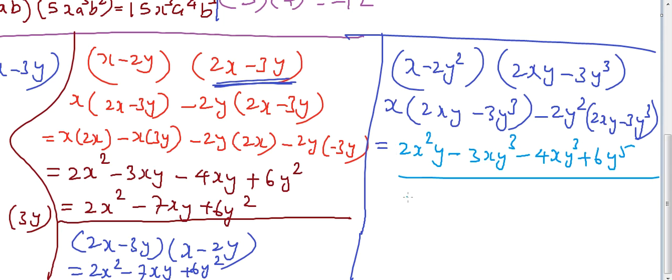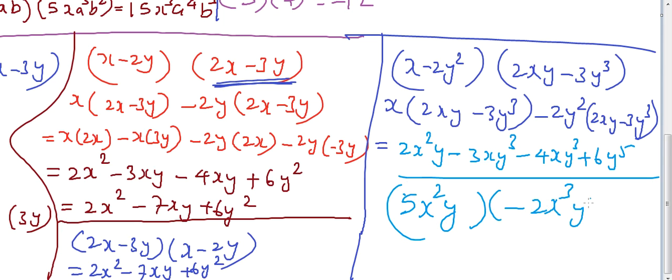And the same way with monomials also, with higher powers, like 5x square y into minus 2x cube y square a power 5. So how to multiply?